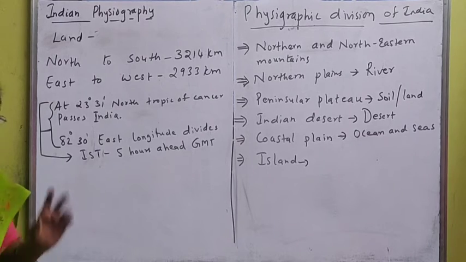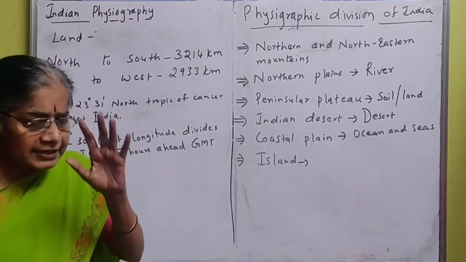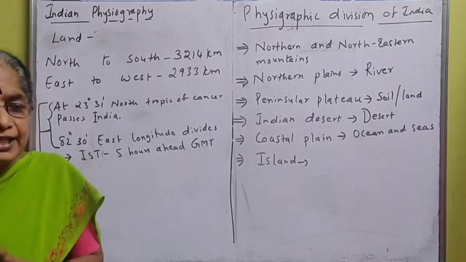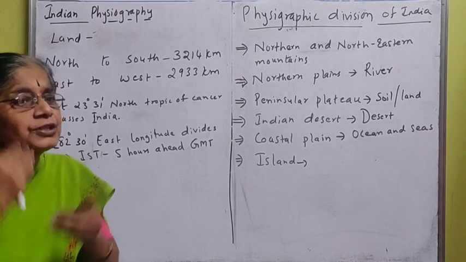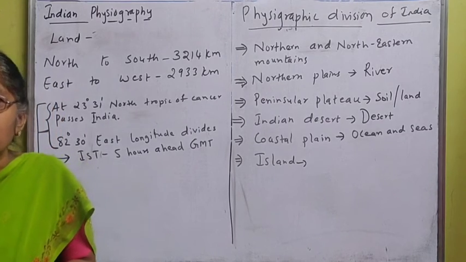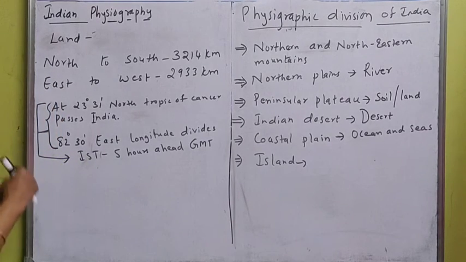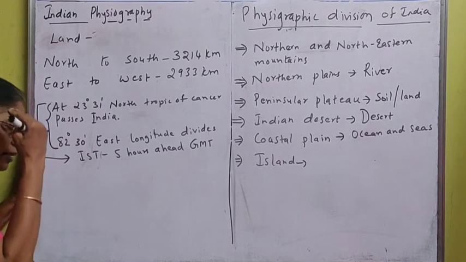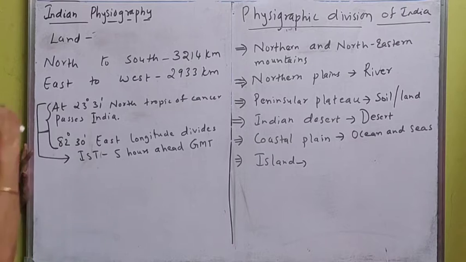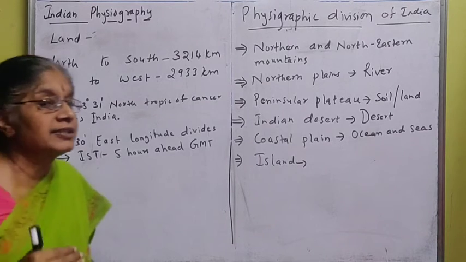Then we know that there are certain important latitudes and longitudes that pass through India. That is very important. So we can say that 23 degree 31 minutes north, the Tropic of Cancer, passes through India.